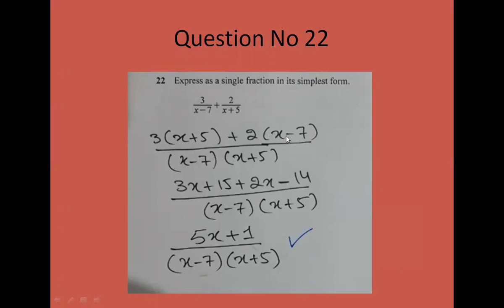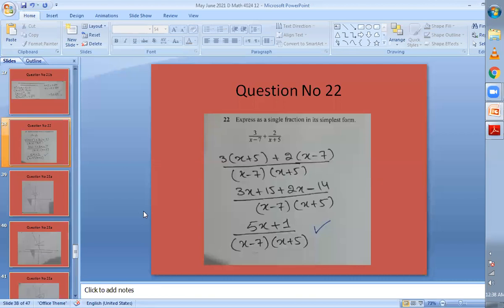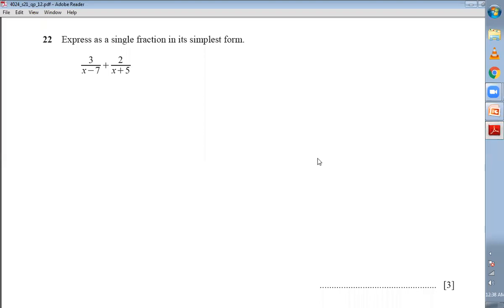So you have 2 into x minus 7. So we will have 3x plus 15 plus 2x minus 14, divided by these two brackets. So you will have 5x plus 1 divided by x minus 7 and x plus 5. So this is how you will do question number 22. It's a 3-mark question, very simple and straightforward. Hopefully you understand this. Okay, so let's move to the next part.